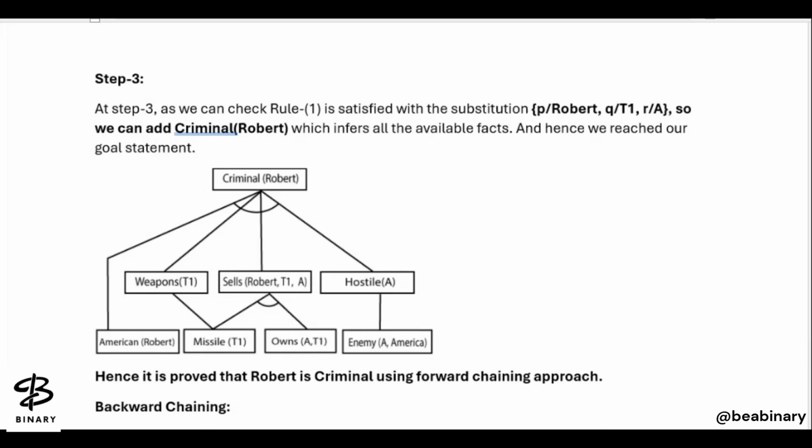So backward chaining is a top-down approach and forward chaining is a bottom-up approach.